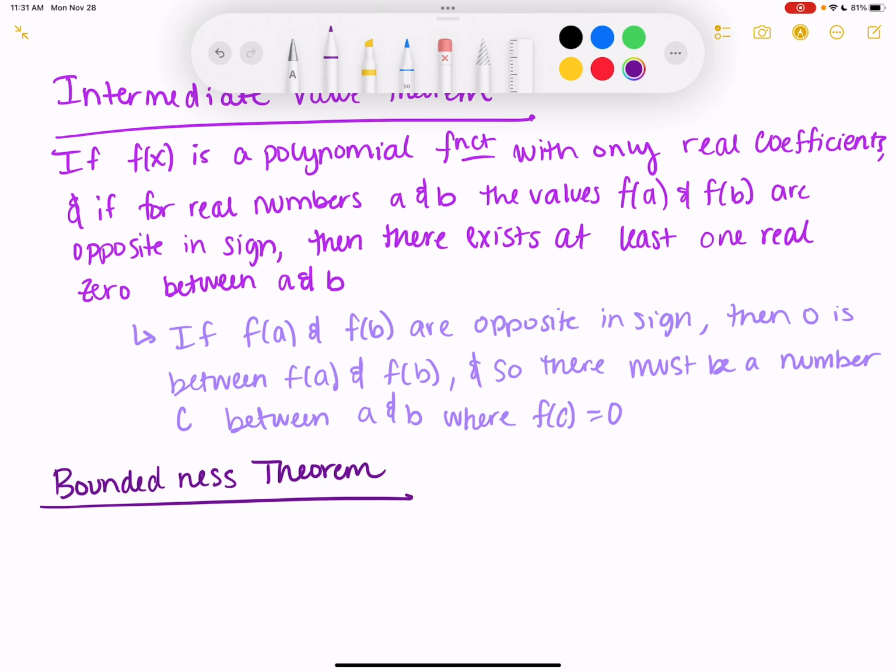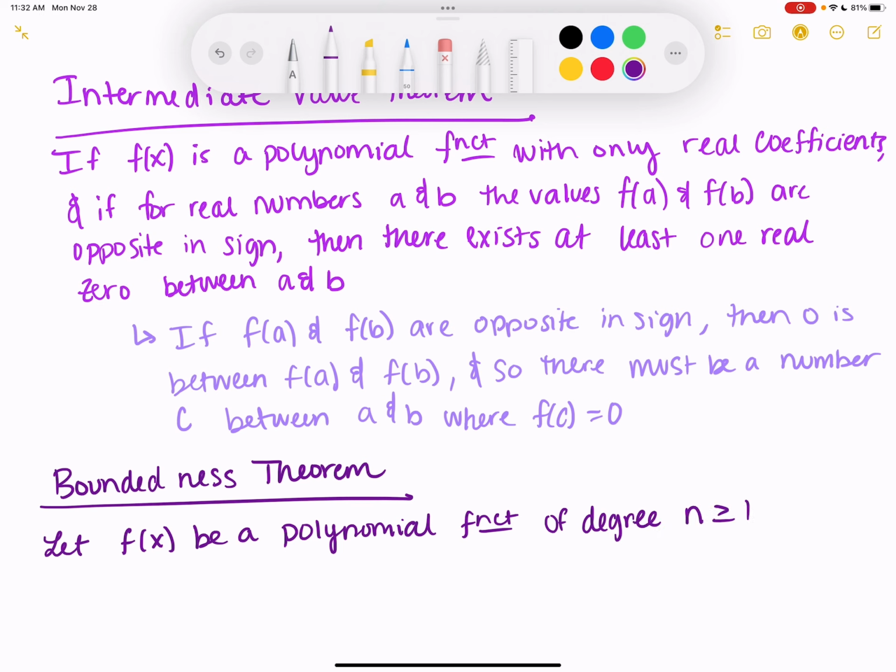So the boundedness theorem says let f of x be a polynomial function of degree n greater than or equal to 1 with real coefficients and with a positive leading coefficient.